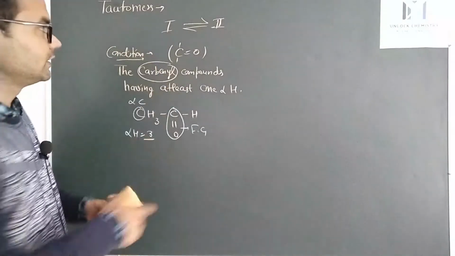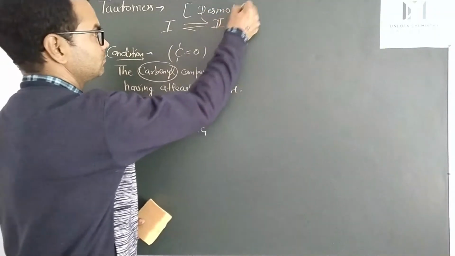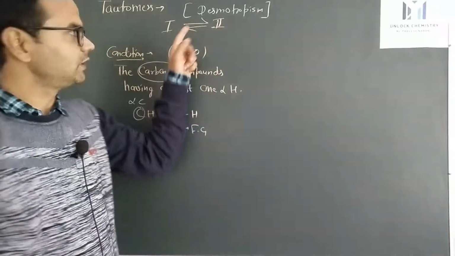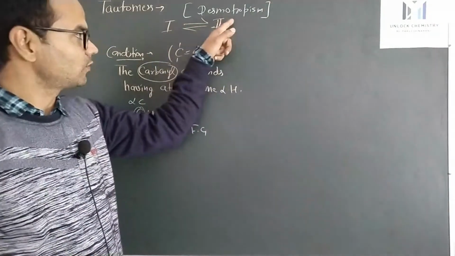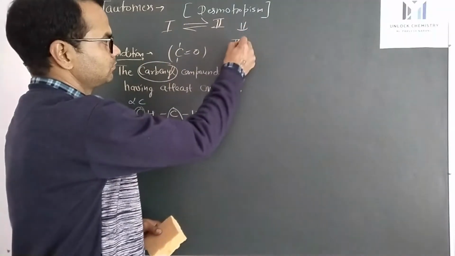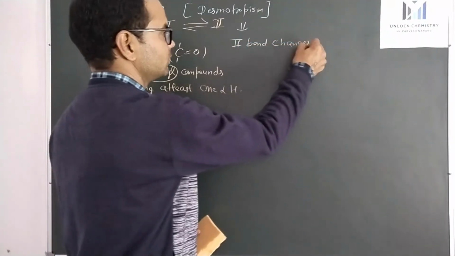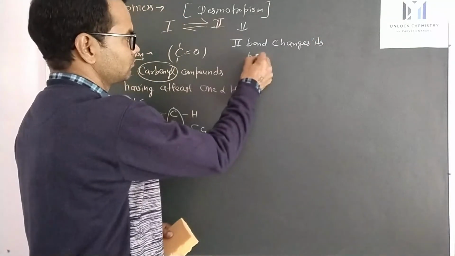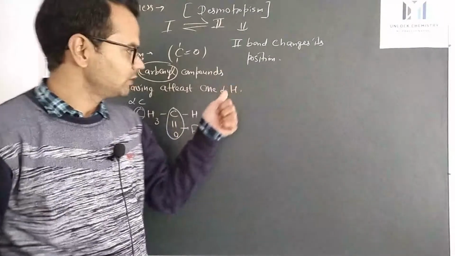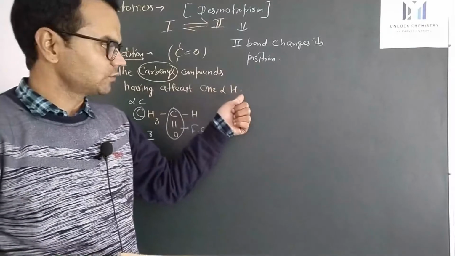It is actually also known as desmotropism. In desmotropism, pi bond changes its position. And one thing more, what is this alpha hydrogen? We can define it in terms of electronegativity also.